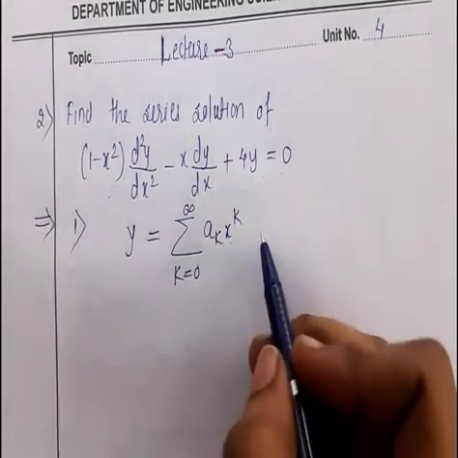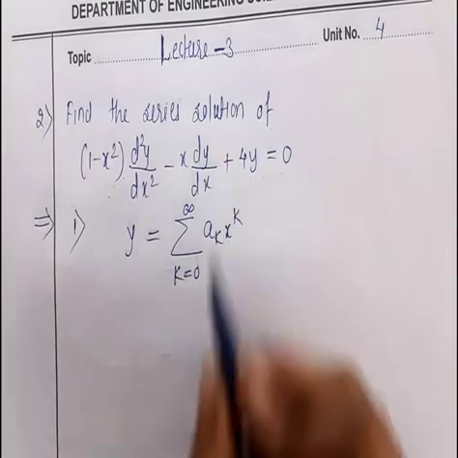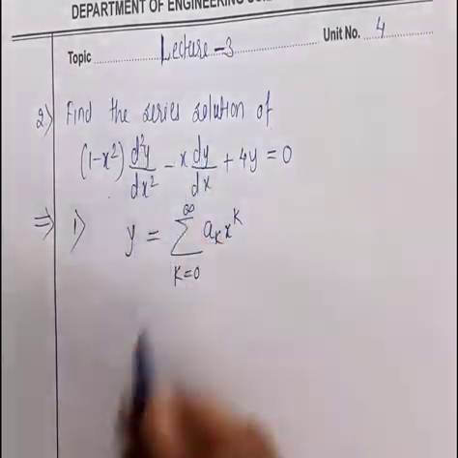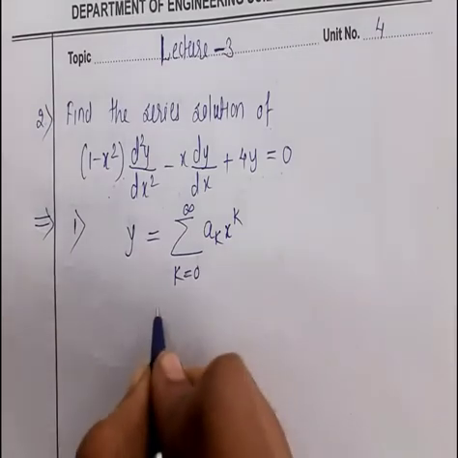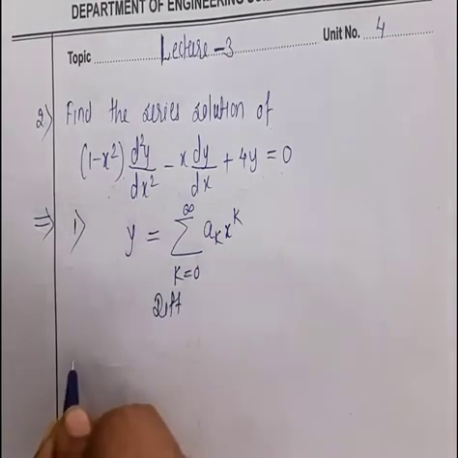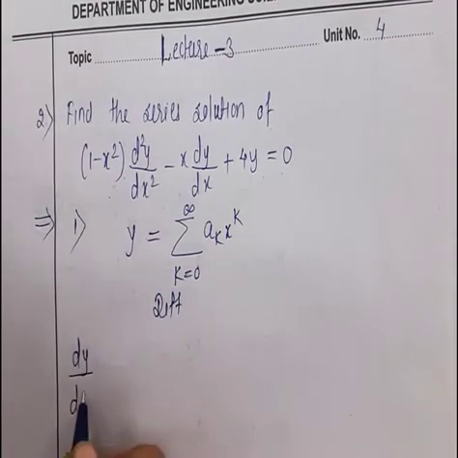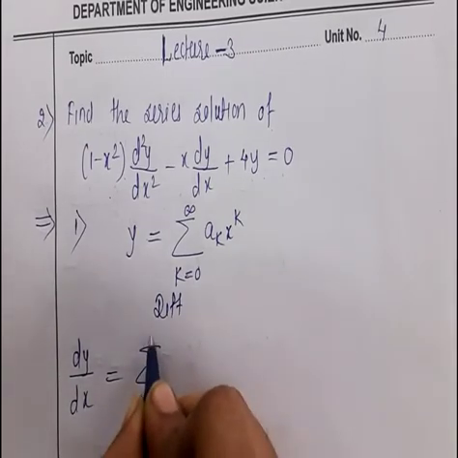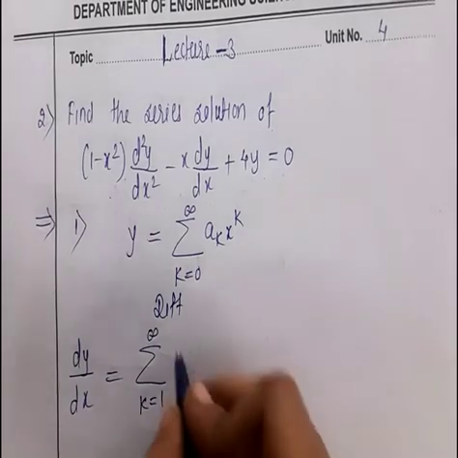Now this is the solution. This solution we substitute in the given example. For that we need dy by dx and d2y by dx square, so we differentiate it. Dy by dx is equal to summation, starting from k is equal to 1 to infinity.